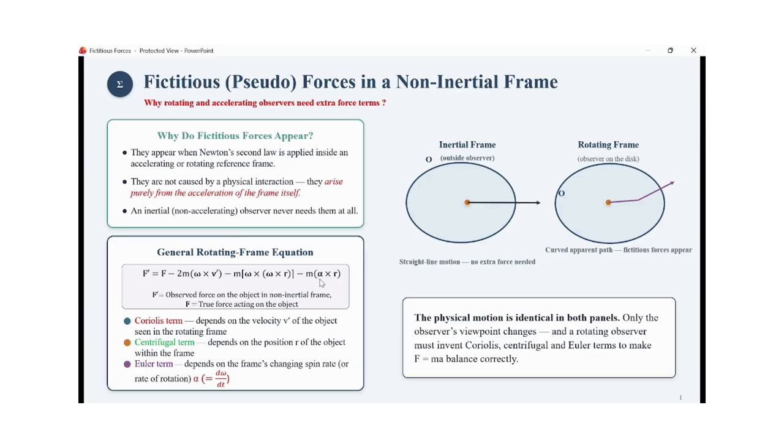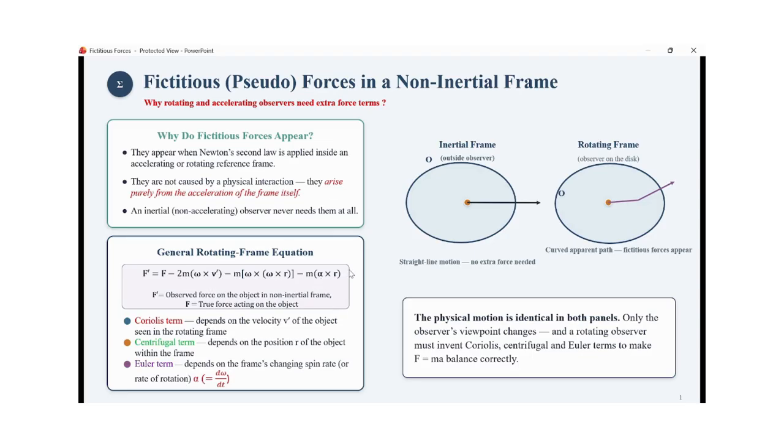This alpha is d omega over dt, representing the rate of change of rotation of the reference frame. So here we are considering that the frame is not under uniform rotation; the angular speed of the frame is varying with time.